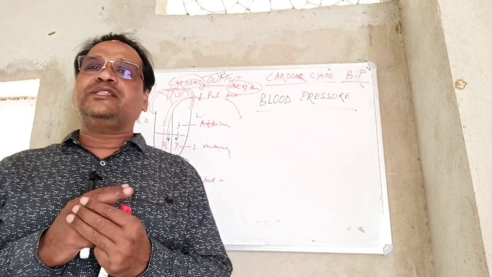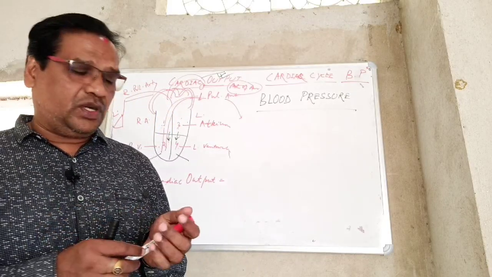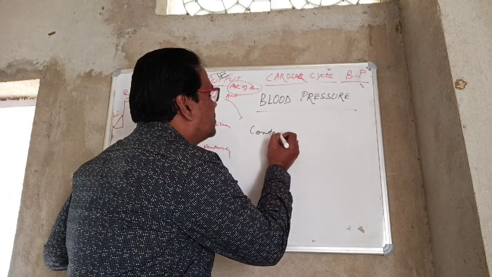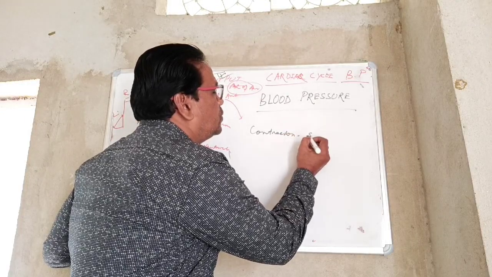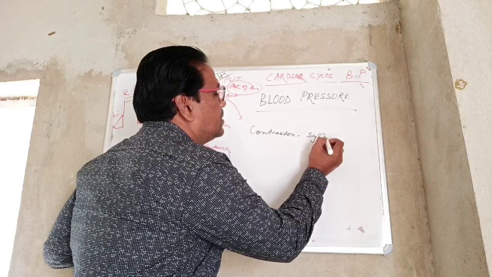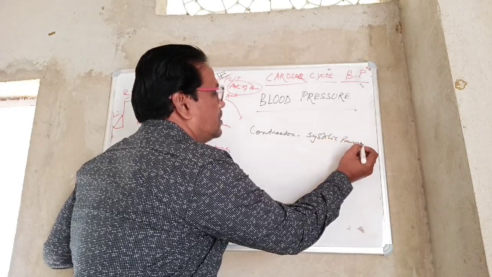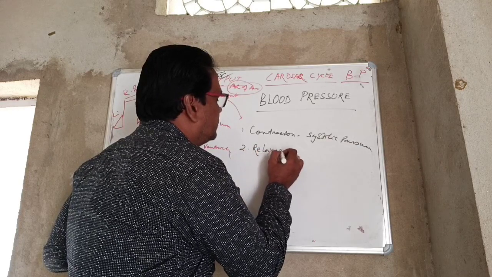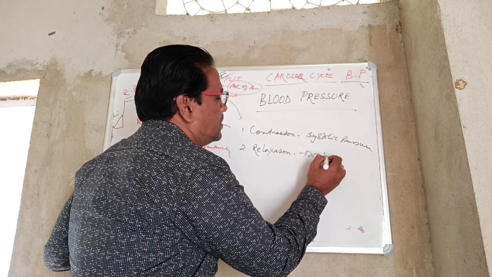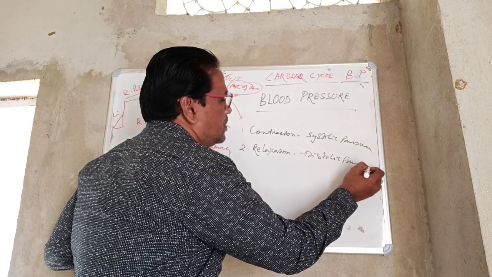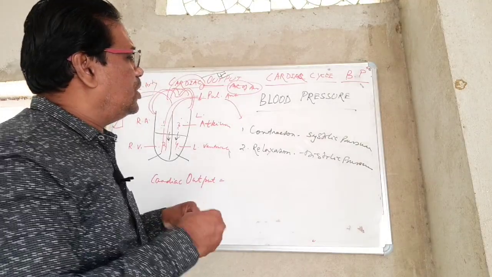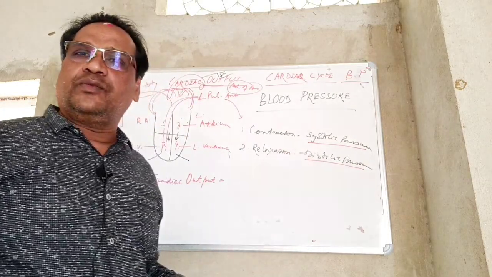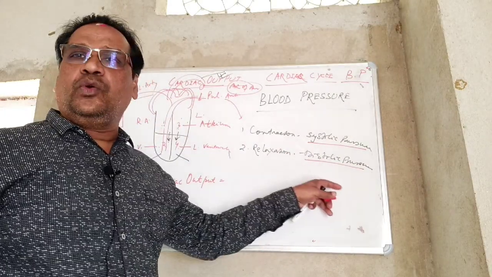Contraction is the systolic pressure, and relaxation is the diastolic pressure. Systolic pressure is the higher pressure, and diastolic is the lower pressure.